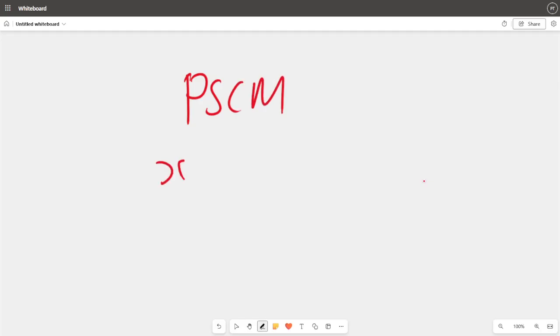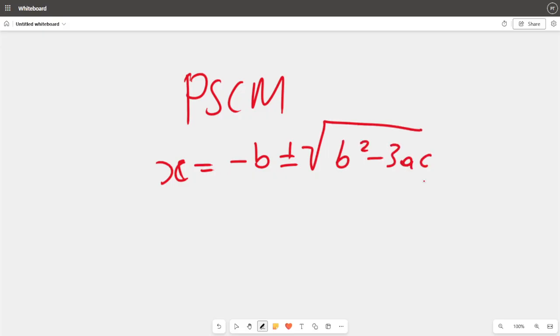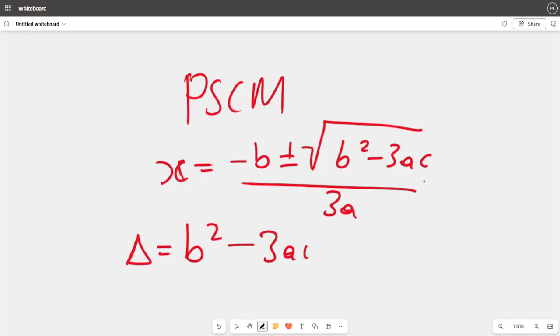It says x equals negative b plus minus the square root of b squared minus 3ac, all over 3a. Here we introduce a new discriminant, which is b squared minus 3ac.